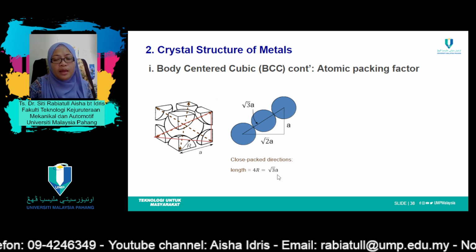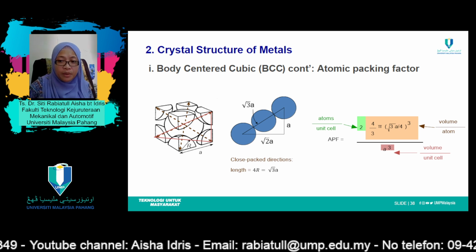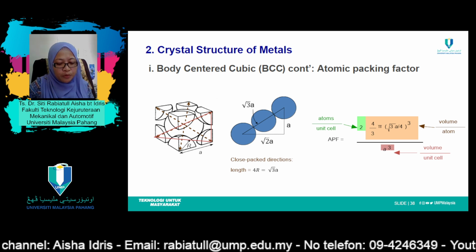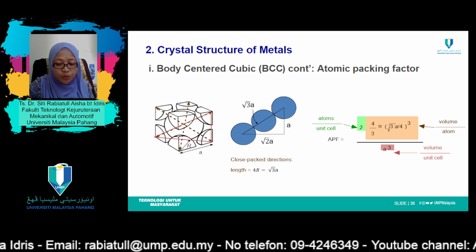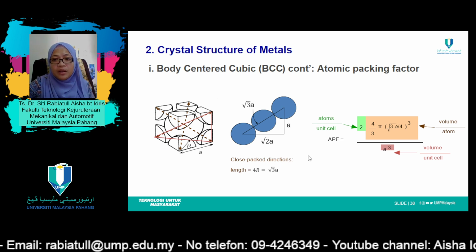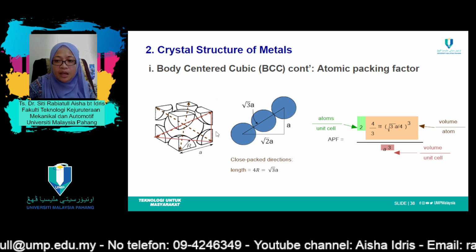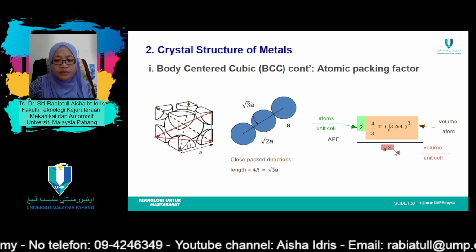Now, once you get this value of radius, you can calculate the value of APF. Again, the formula is volume of atoms in unit cell divided by volume of unit cell. The formula for volume is a times a times a, so you get a to the power of 3.